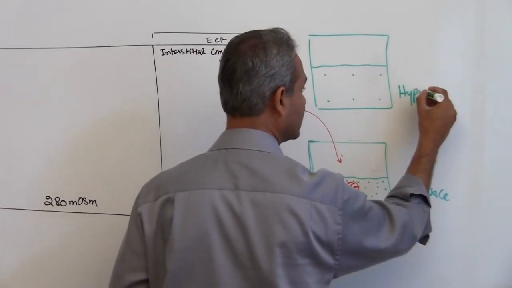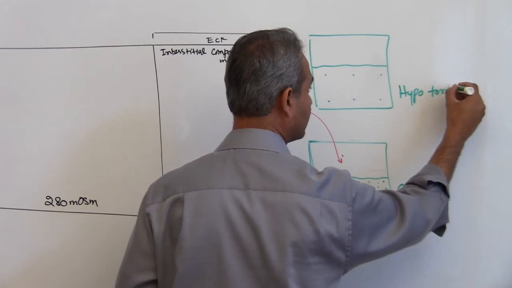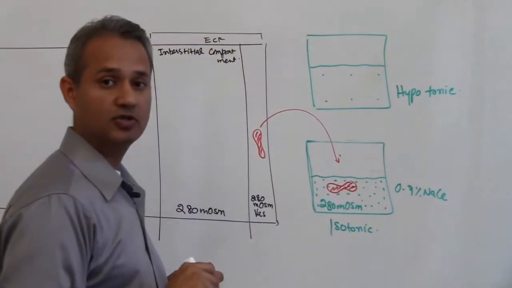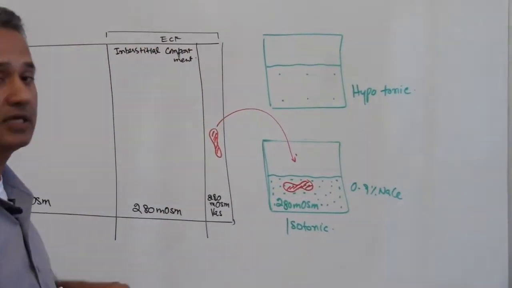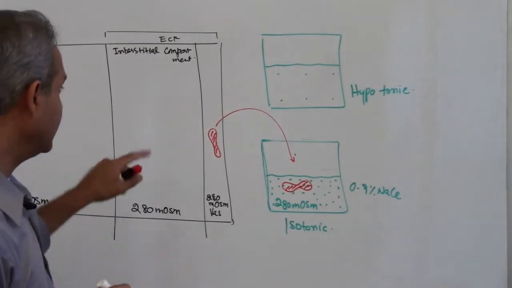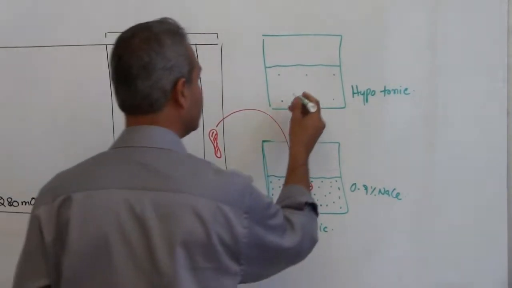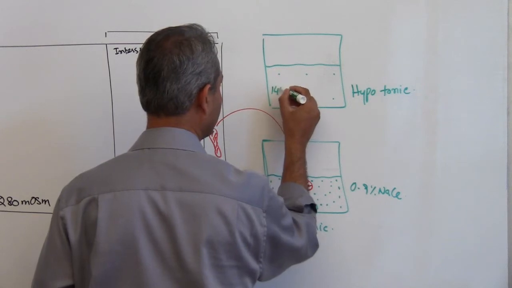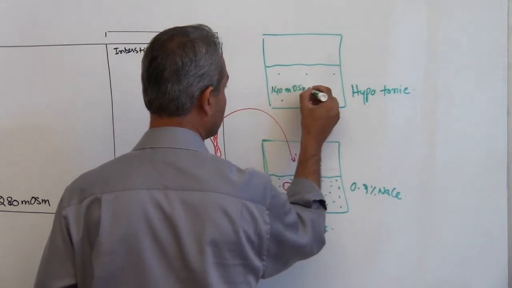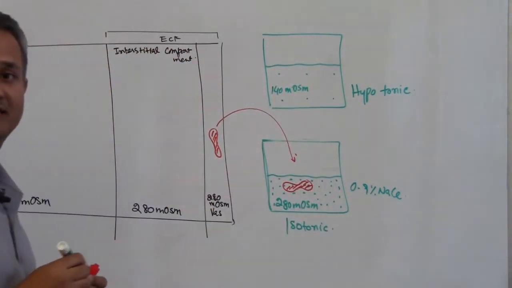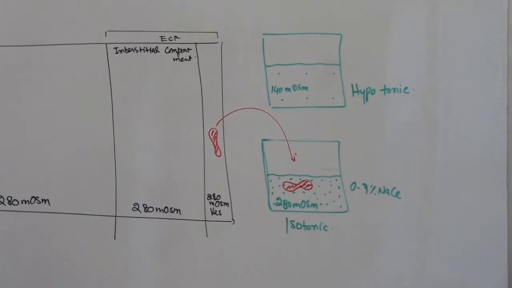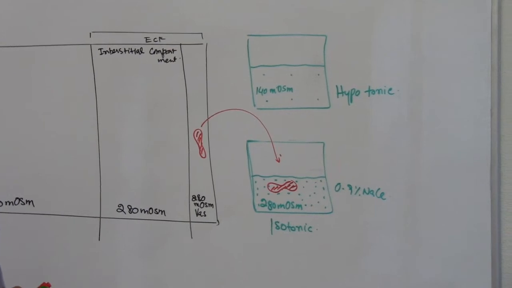Hypo means less, tonic means tension. So the tension of this fluid is lesser than our body. So let's say the milliosmoles here are 140 milliosmoles. So the concentration of particles is such that the total osmolarity over there is 140 milliosmoles.